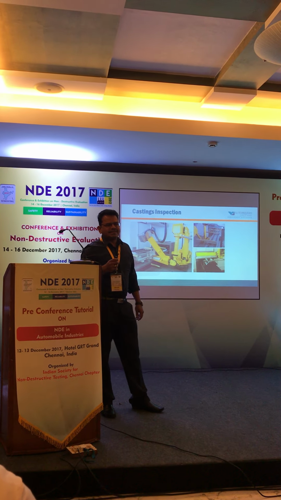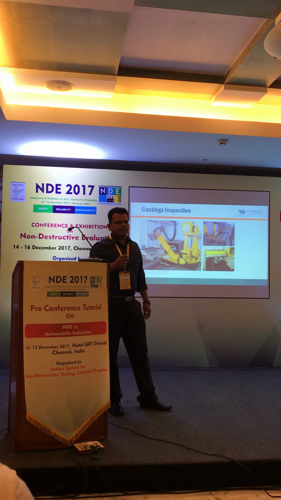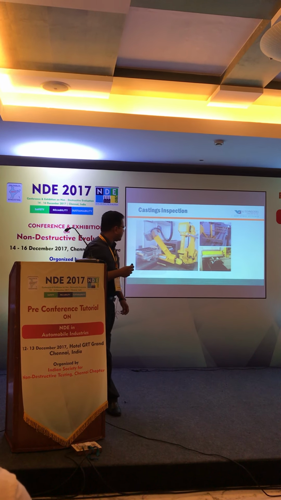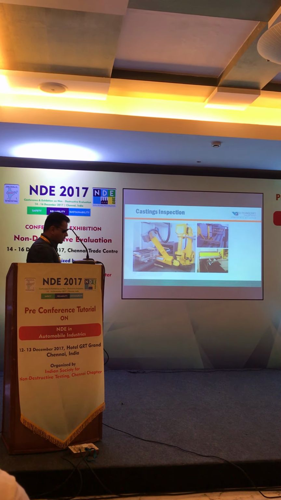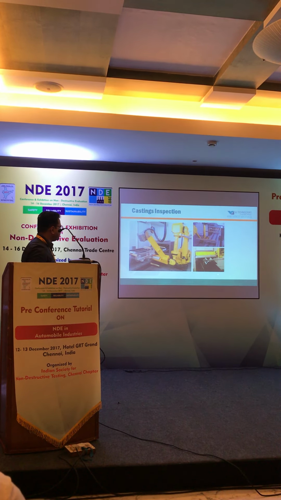The contrast sensitivity can be achieved with the scanning. And here you can see an engine head where 2D as well as CT scanning can be done. And this is the casting inspection of a cross member of an engine head. If you look at the image, the defects are occurring at the cross section.